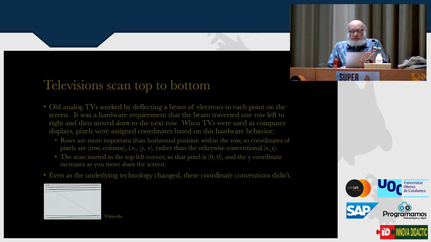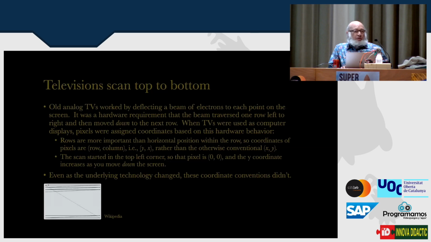The way televisions used to work back when they were analog, probably some of you remember analog televisions, there was a beam of electrons that started in the top left corner and swooped over to the top right corner, and then went down to the next row, then across and down and across, okay?